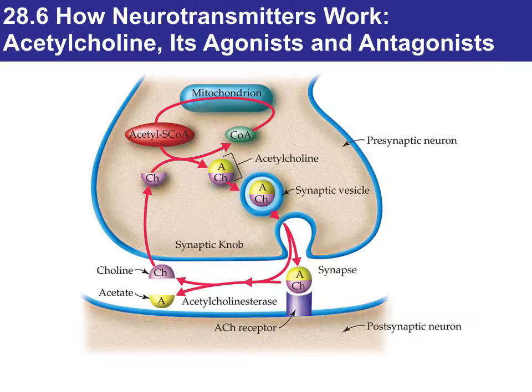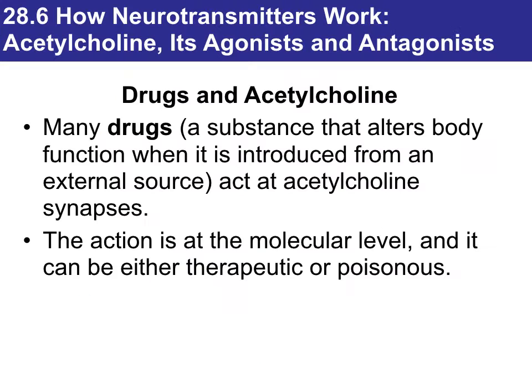And you have here an acetylcholine receptor on the cell membrane of the postsynaptic neuron. Now, right after the signal is transmitted, there is an enzyme, acetylcholinesterase, that breaks down that acetylcholine into acetate and choline that then can be recycled and start another cycle.